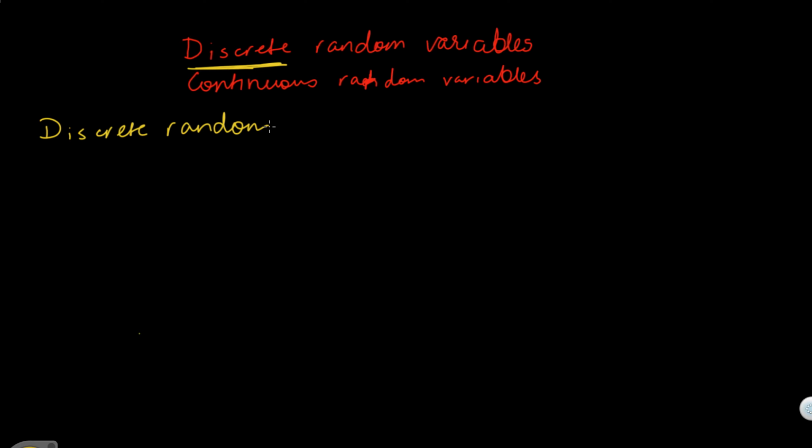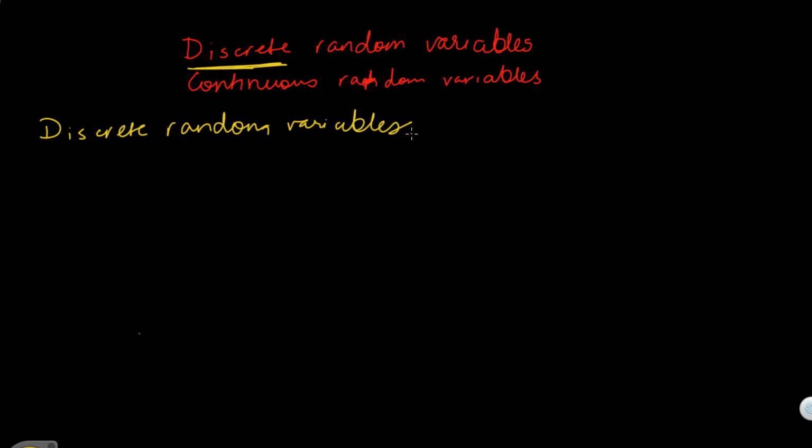Discrete random variables are basically variables that have a countably finite or infinite number of possible values.